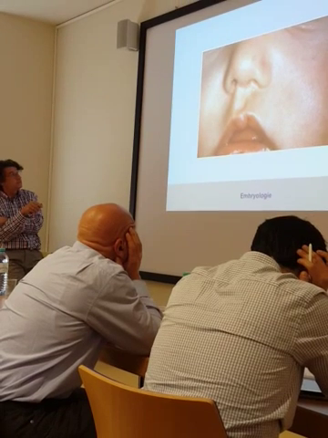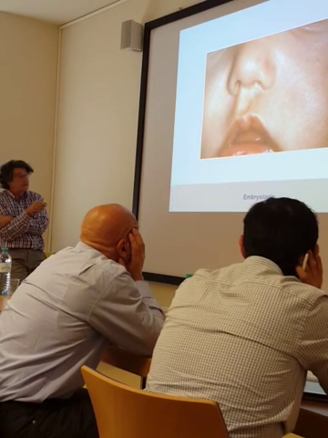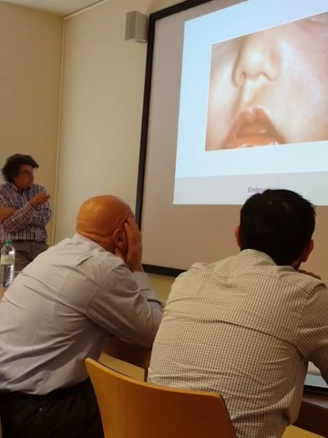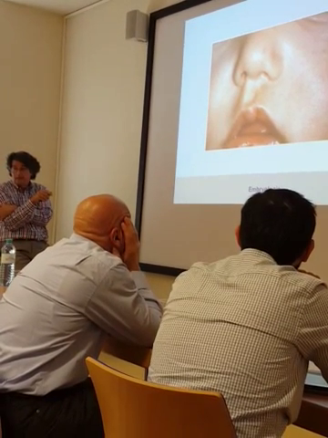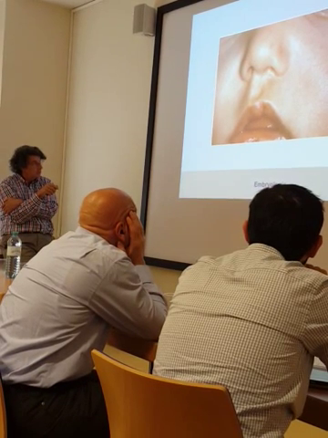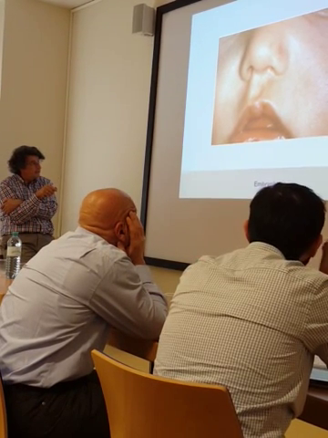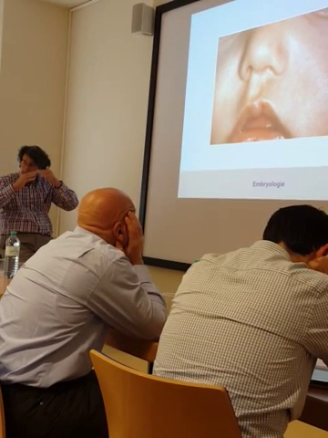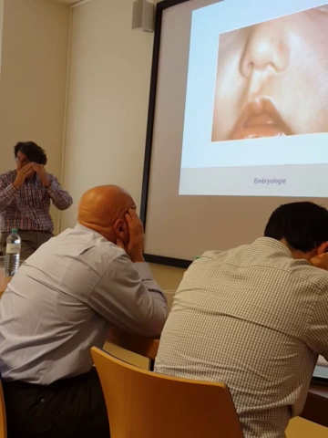But clefting is running here through the nose. You know that you have cartilage here at the tip of the nose, and you have cartilage here at the wing of the nose. And they act like a joint. There is the clefting running through this joint between the cartilages of the nose.